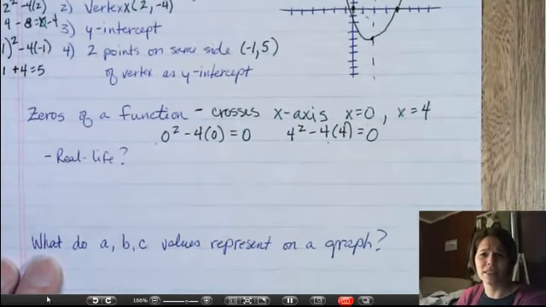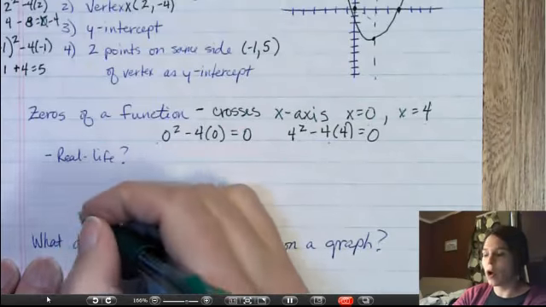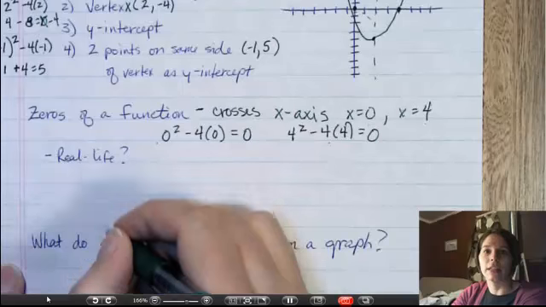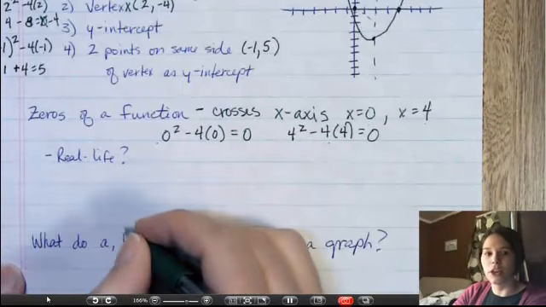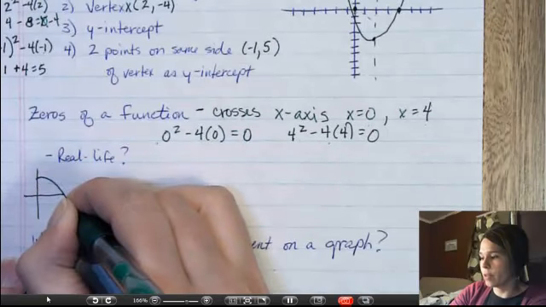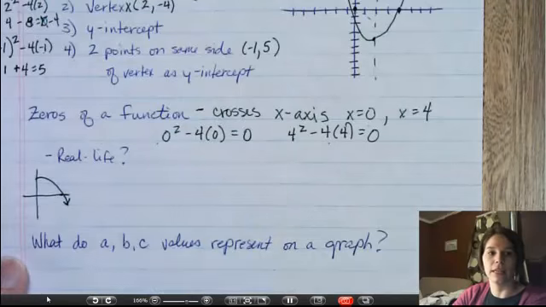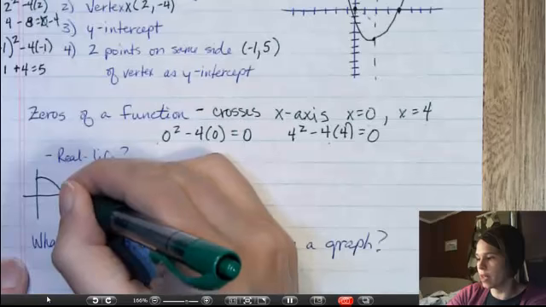Where will I use these zeros in real life? If I'm looking at the path of a ball, or if you're throwing something off of a cliff, or anything that makes a curved pattern. Say you throw something off of the building, you're doing the egg drop in science, and you throw your egg drop off of the building, I get a nice curve, and I want to know, when does my egg hit the ground and hopefully not break?